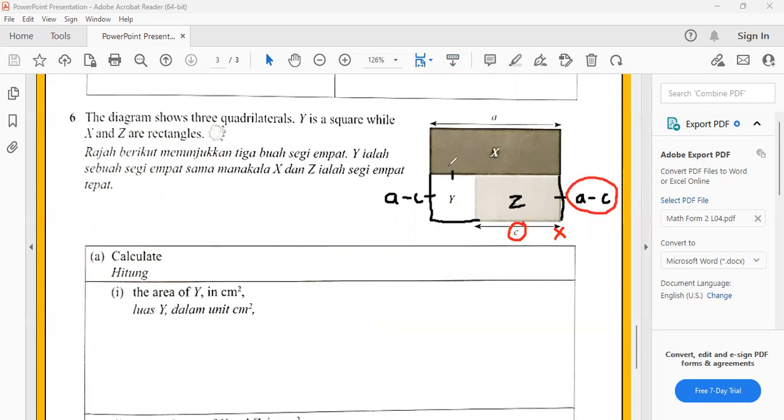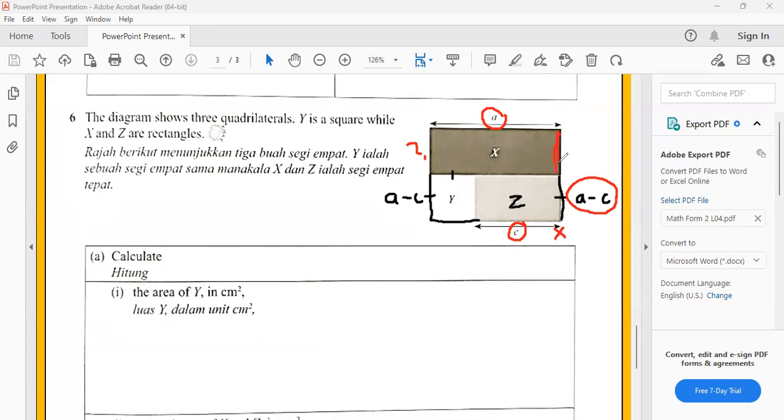Good. Now, how about X? There is no mention. Hold on. Okay, there is no mention here on how to find this. Anyone got an idea? How do we find this?